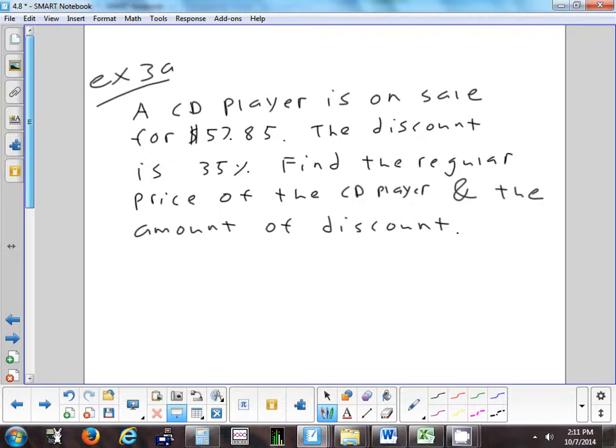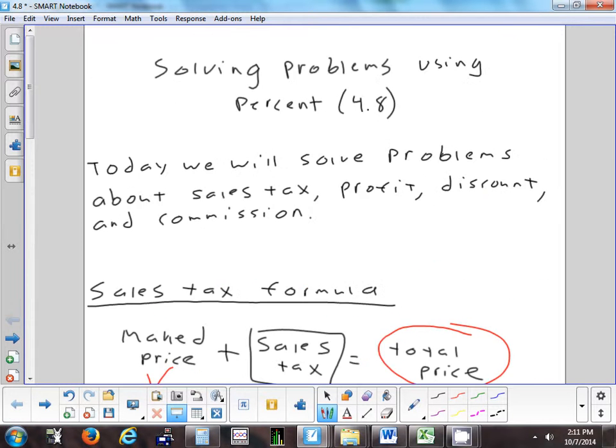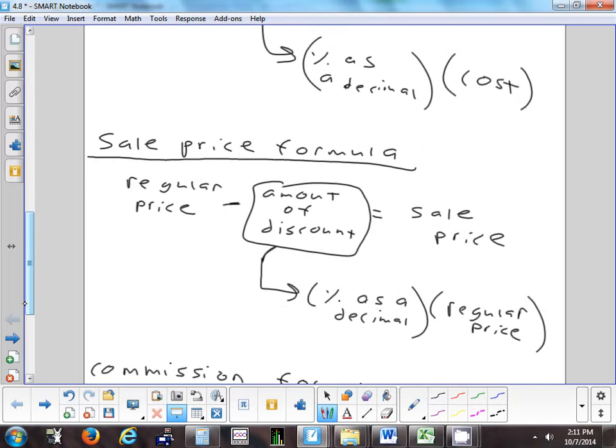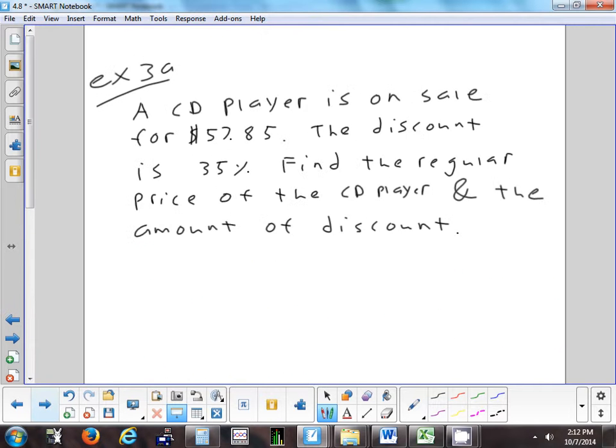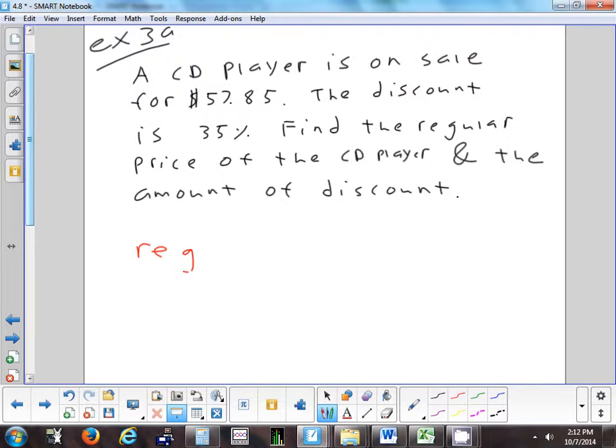Okay, let's go back, look at our formula, and see what we've got to do. Regular price minus discount equals sale price. So regular price minus the discount equals the sale price.